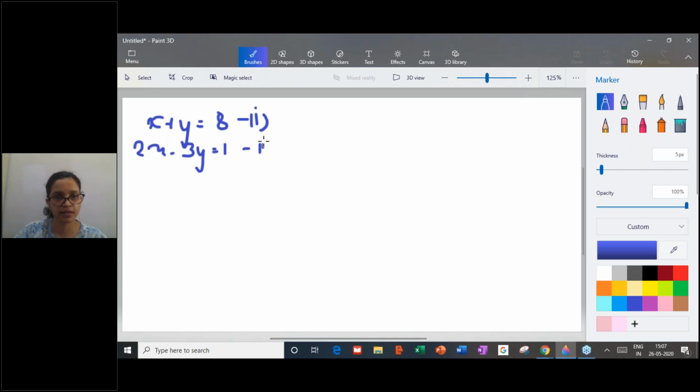This is the second equation. Now the first equation can be written as y is equal to 8 minus x. Correct? Let us write this as the third one. So substitute this value in the second equation. So what will you get?